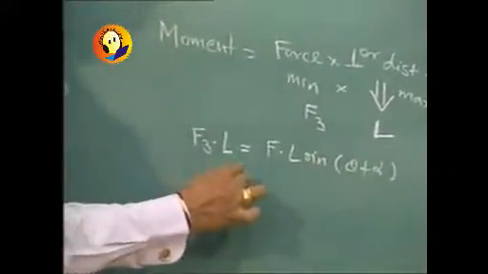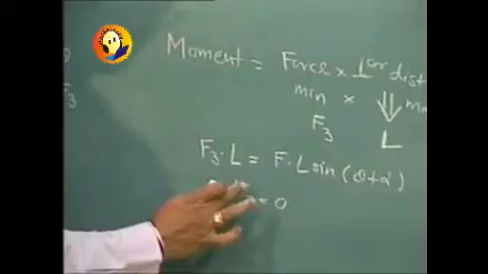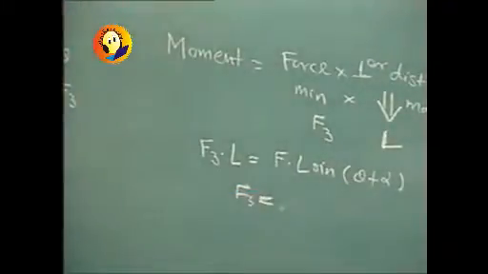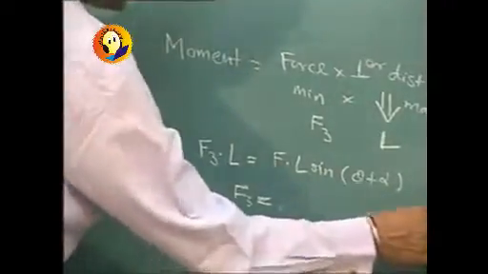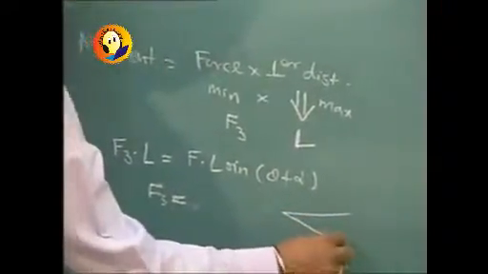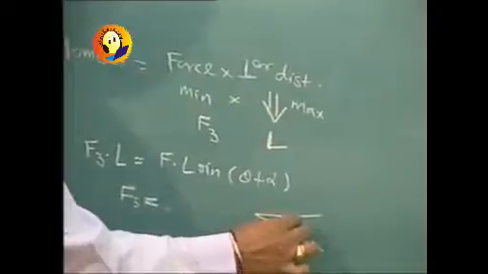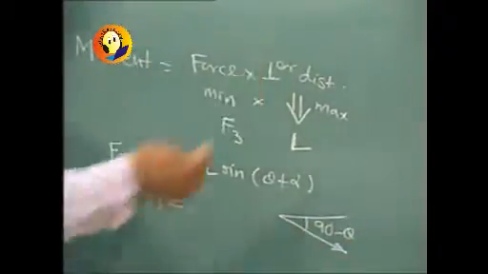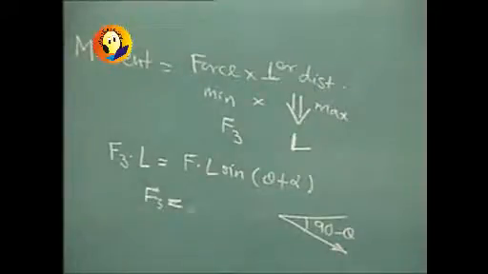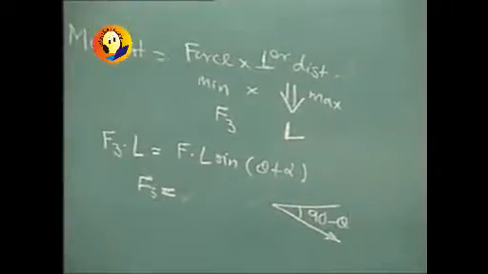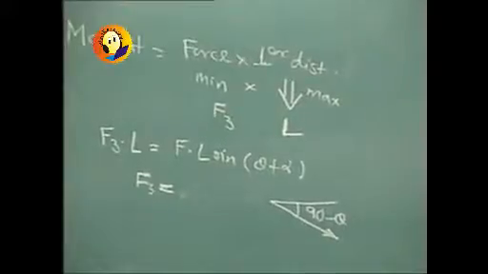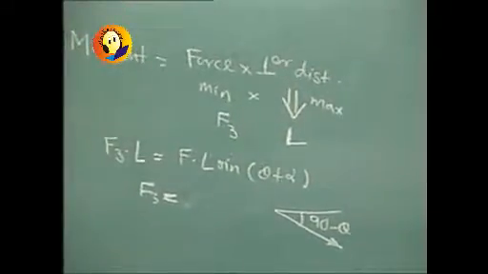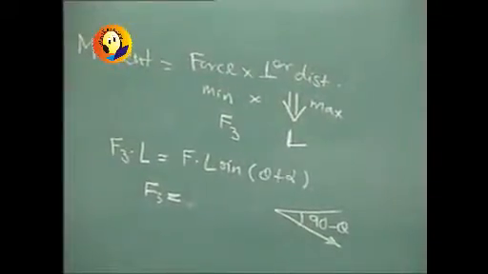Therefore F3 can be calculated to some value, and this F3 is going to make an angle of 90 minus theta with horizontal, and theta was given to us as 60 degrees, so F3 should make an angle of 30 degrees with horizontal.